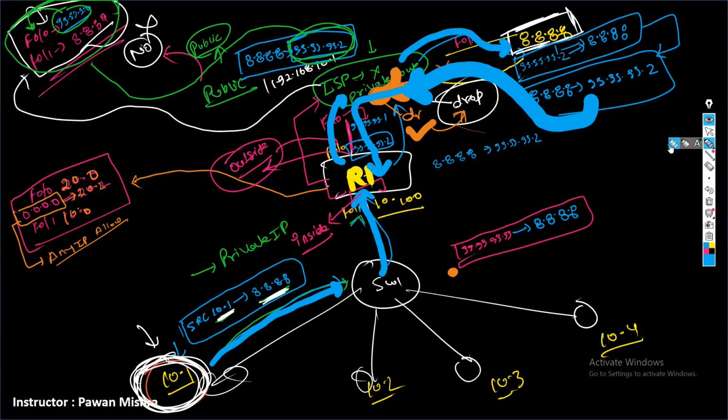Now, when the packet is going from inside to outside, what is this R1 router doing?